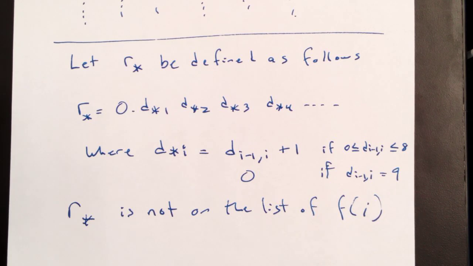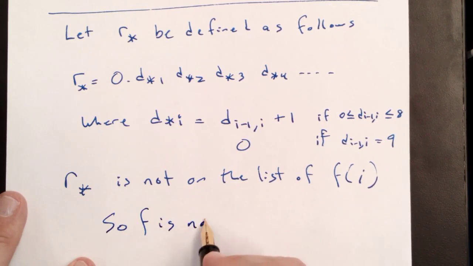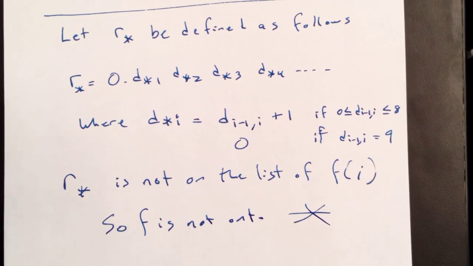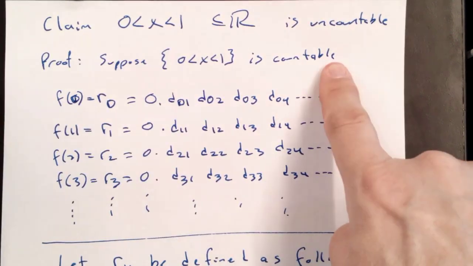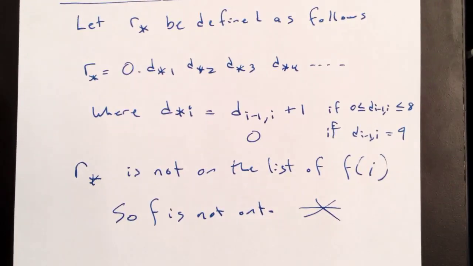If it's countable, f has to be a bijection, and you've just shown this function is not onto. That's my contradiction. It's a contradiction because it contradicts being countable. Countable requires this function to be one-to-one and onto.